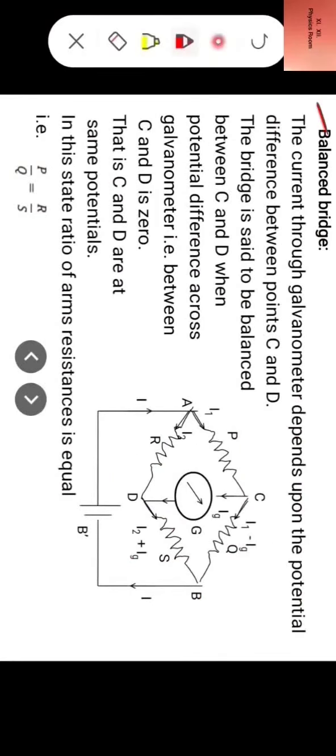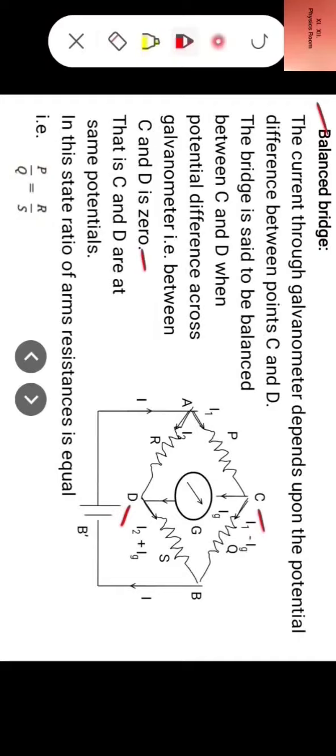Now balanced bridge. How we say the bridge is balanced? The current through galvanometer depends upon the potential difference between points C and D. The bridge is said to be balanced between C and D when potential difference across galvanometer, that is between points C and D, is 0.